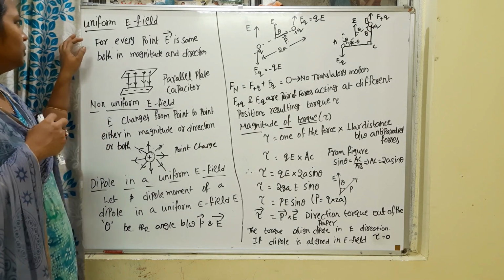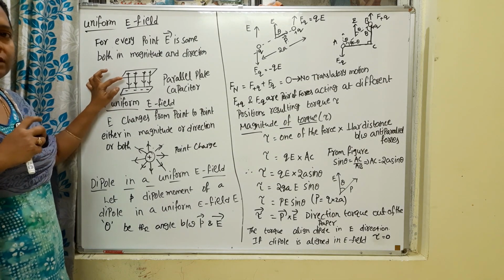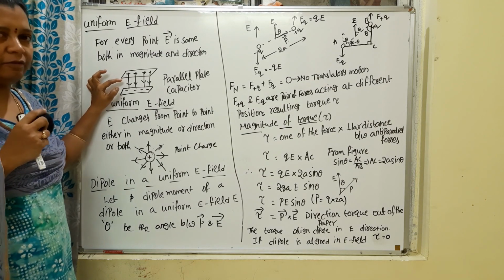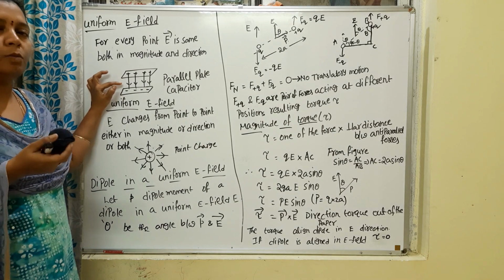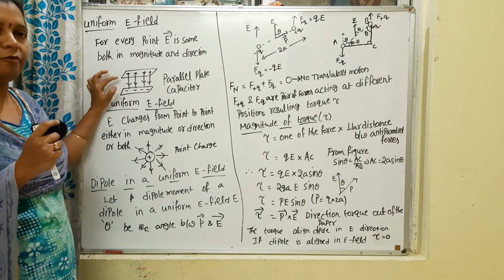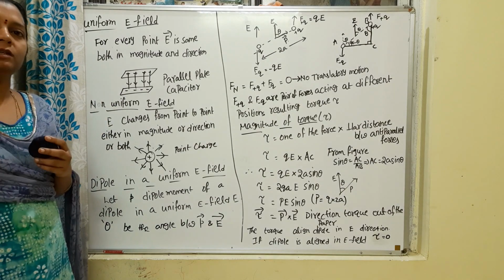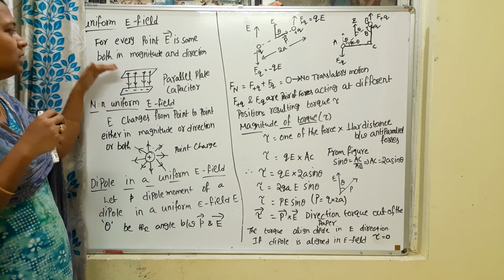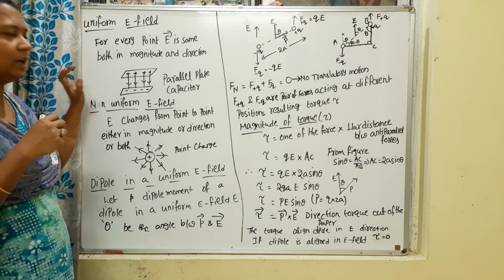See here, this is a uniform electric field. At each and every point the electric field is the same, because electric field is a vector, so both the magnitude and direction are the same at every point. Suppose you consider a parallel plate capacitor, which means two metal plates charged positive and negative.